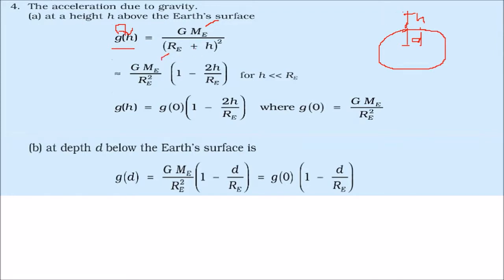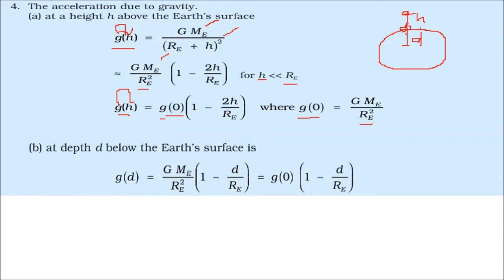If Re is very large, then h can be ignored. So this equation becomes G Me by Re square into 1 minus 2h by Re. So g_h is equal to g0 into (1 minus 2h by Re), where g0 is simply G Me by Re square, because the height is 0.